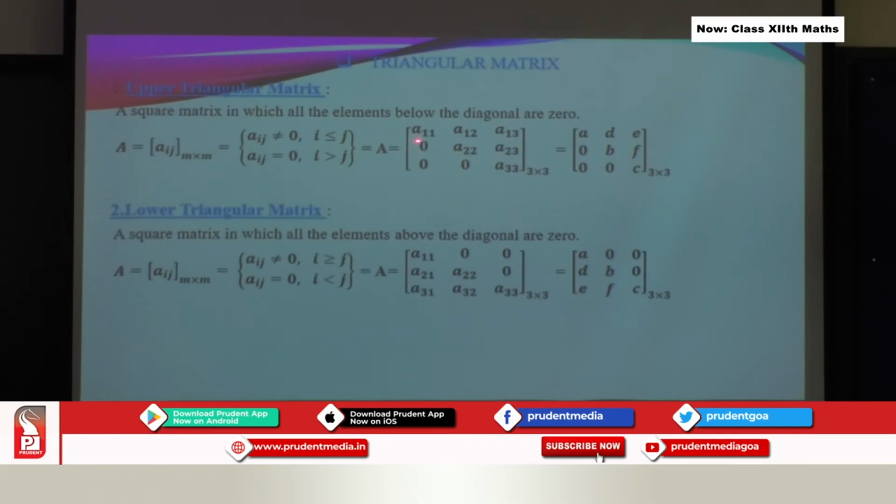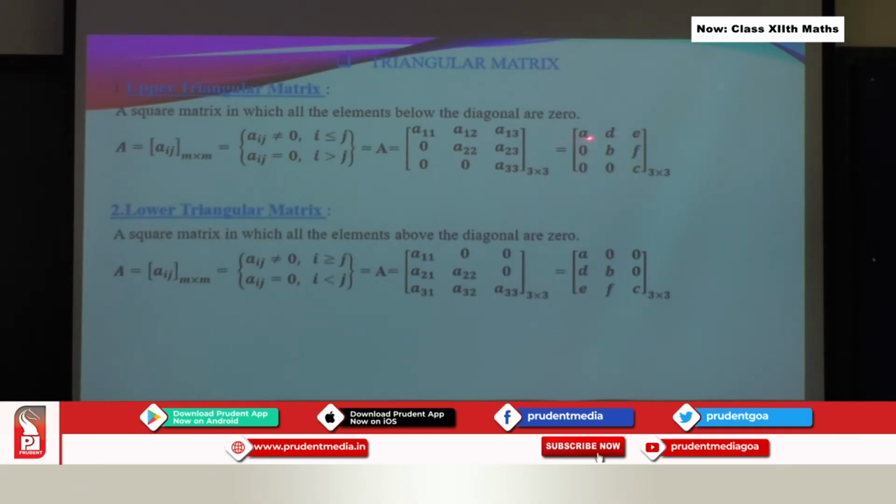Okay, so you can see over here, this is called upper triangular matrix, since all the elements including the diagonal and above this diagonal are non-zero, and these entries are equal to 0. This is the example of it.